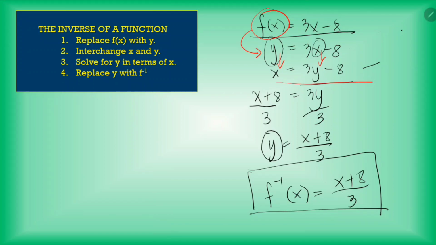That's why we have this one. And then we solve for y in terms of x. So kailangan matanggal si minus 8 and times 3. So we did these operations and then we have this one. And then you replace y with the inverse of the function. So we have the inverse function x plus 8 divided by 3.